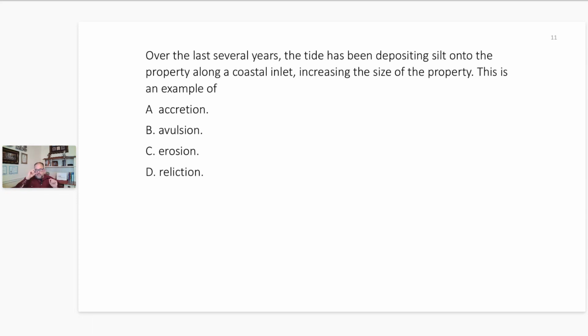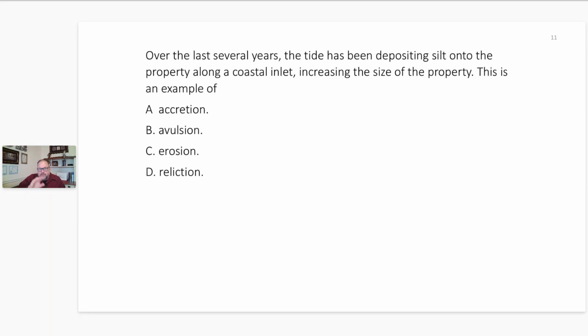Be careful. Listen to me carefully. Typically, they'll have them separated when it comes to answers. You won't see alluvion and accretion together, but you never know. These test writers can get real tricky sometimes. So you want to analyze a test question. The depositing of silt, there are your key words.